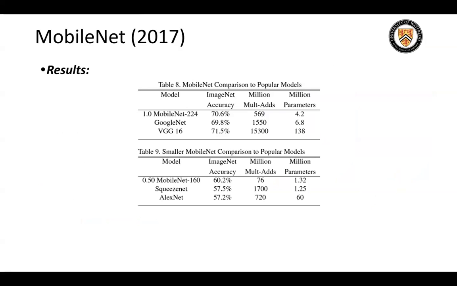And the results are as follows. In table 8, we show different models compared to other popular models such as GoogleNet and VGG 16. You can see that the accuracy on ImageNet for MobileNet is roughly comparable to other models, but they have only 569 million multiplication-additions, which is much less than GoogleNet and VGG 16, and they also have fewer parameters.